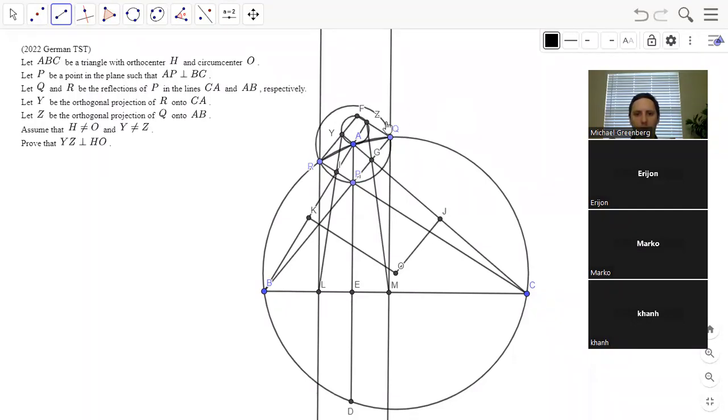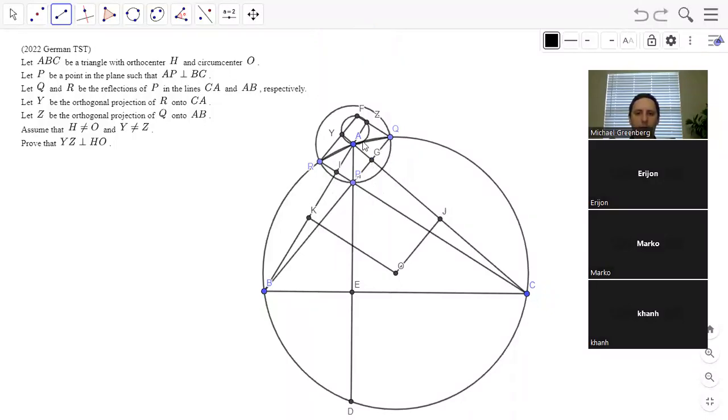And we want to show YZ is perpendicular to OH. I really want to find a quadrilateral similar to AZYF, but with a rotation of 90. So can we get a spiral similarity?